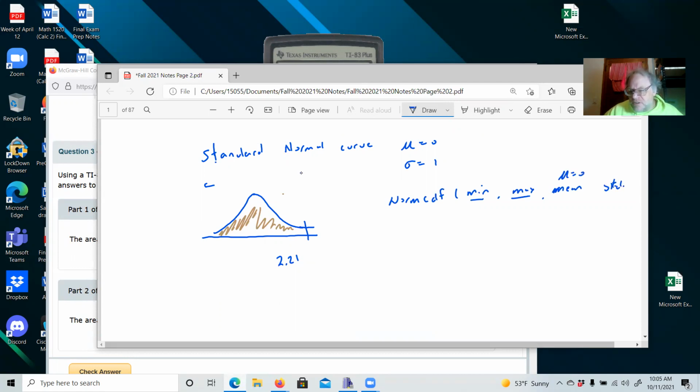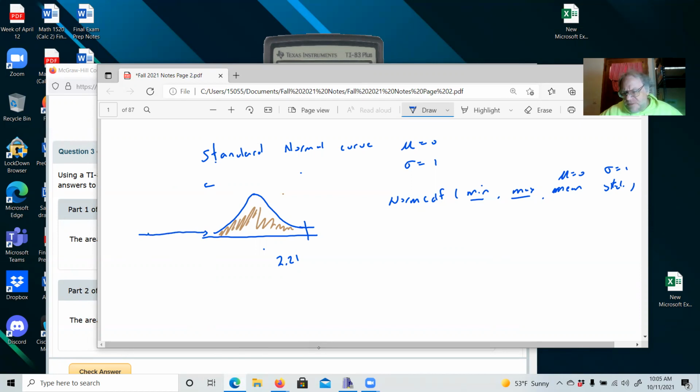For this section, the standard deviation is equal to 1. It depends on whether we want the left or the right to decide what's the min and what's the max. In this case, we're going from negative infinity up to 2.21.